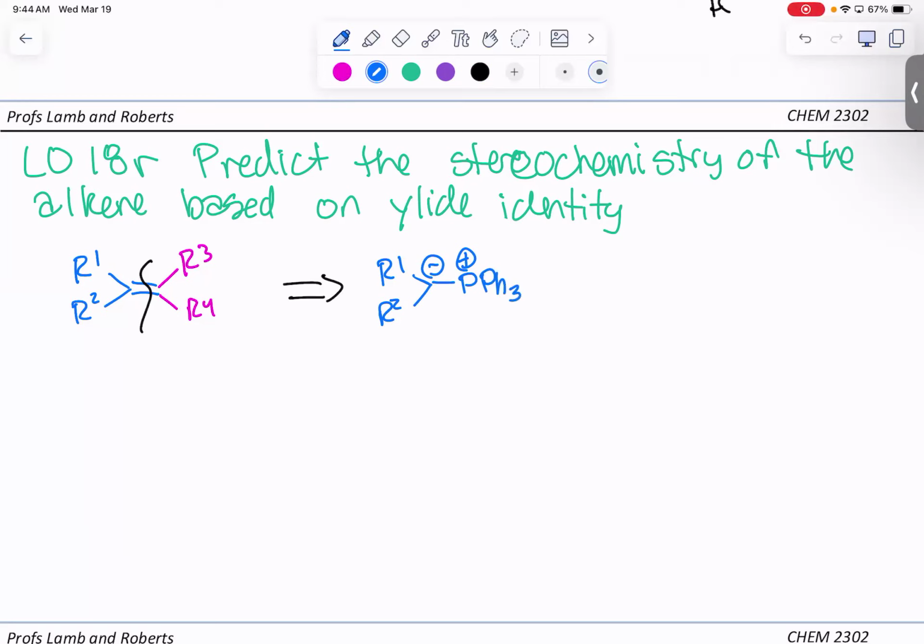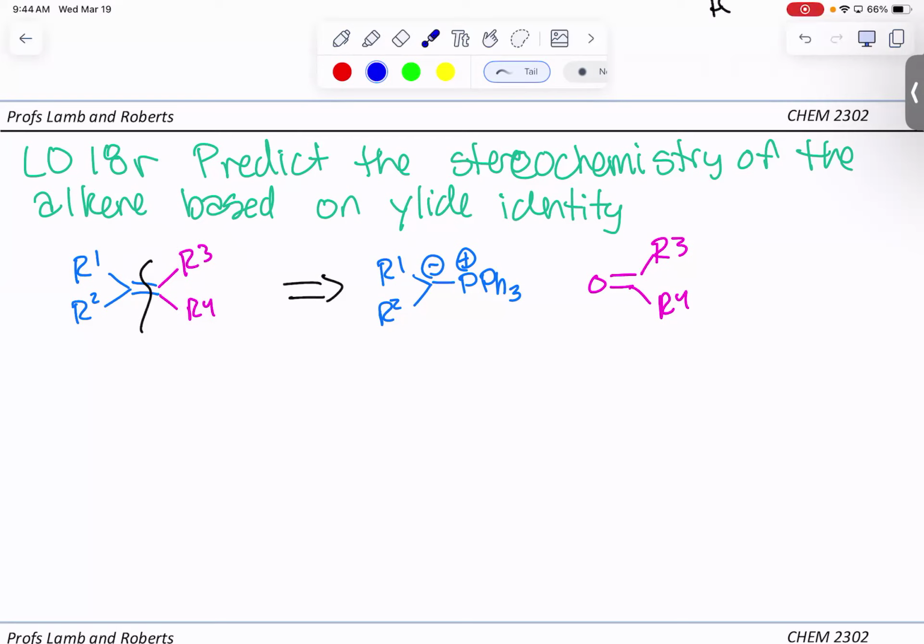This is one of our options. Because all my R groups are different, 1, 2, 3, and 4, why did I choose R1 to be on the same side as R3? Because we could have the scenario where R1 is on the same side as R4, and these two groups would be flipped. This is when we're thinking about E and Z isomers of our alkenes.